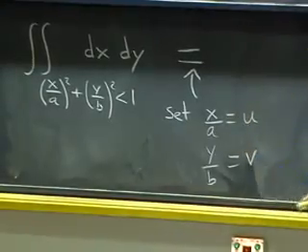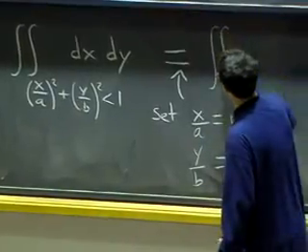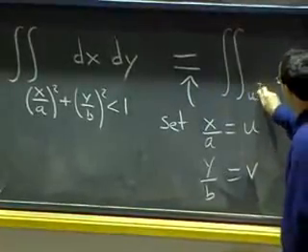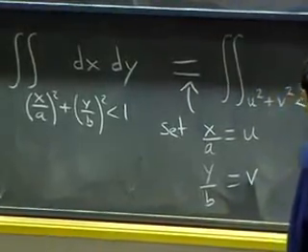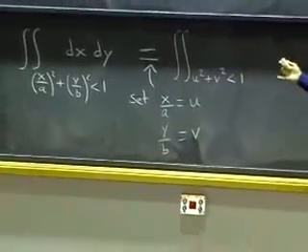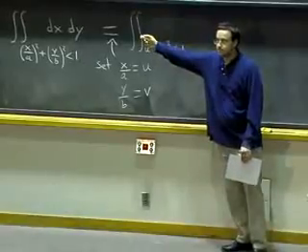So how do we do the substitution? In terms of u and v, the region that we're integrating on will become u^2 + v^2 less than 1, which is arguably nicer than the ellipse. That's why we're doing it. But we need to know what to do with dx and dy.